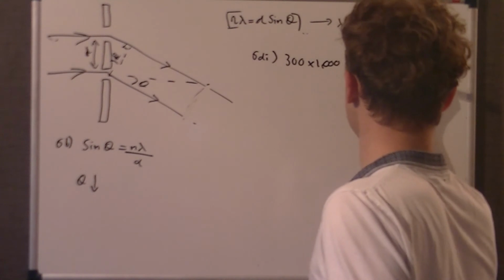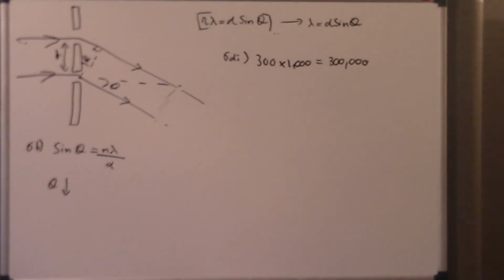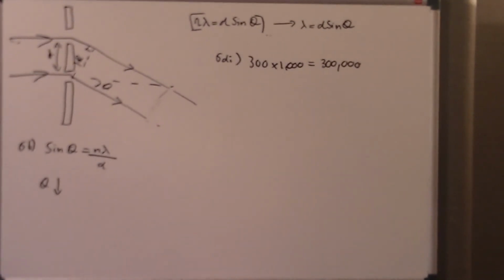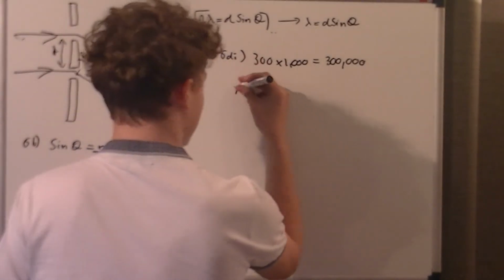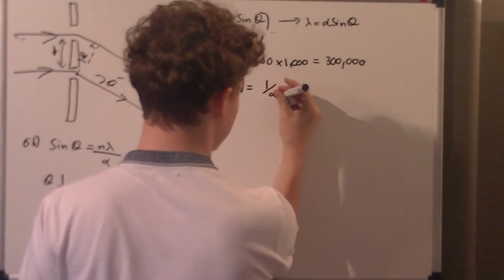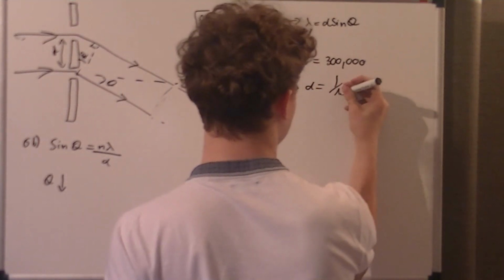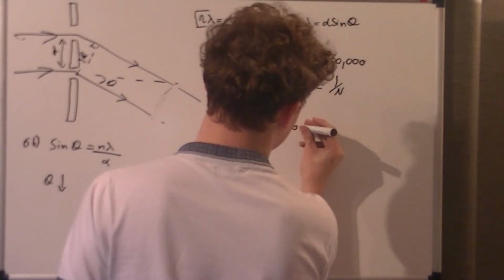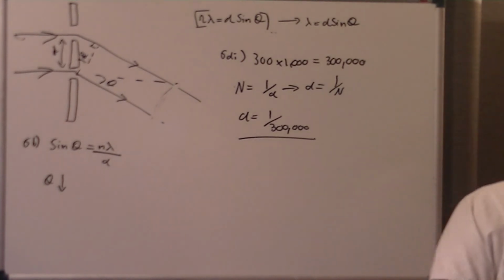This gets us 300,000 slits per metre. So we can use the formula n, the number of slits per metre, is 1 over d, the diffraction spacing. So we switch this around, we get d is equal to 1 over n. So the diffraction spacing is 1 over 300,000, and you can either simplify that or leave it as that, it's up to you. But that's your answer there.